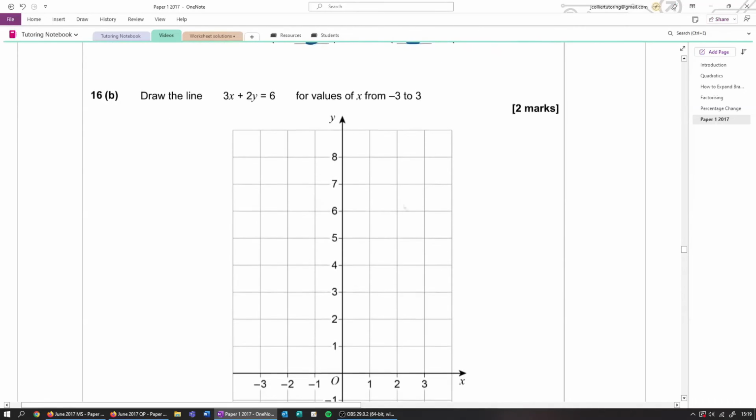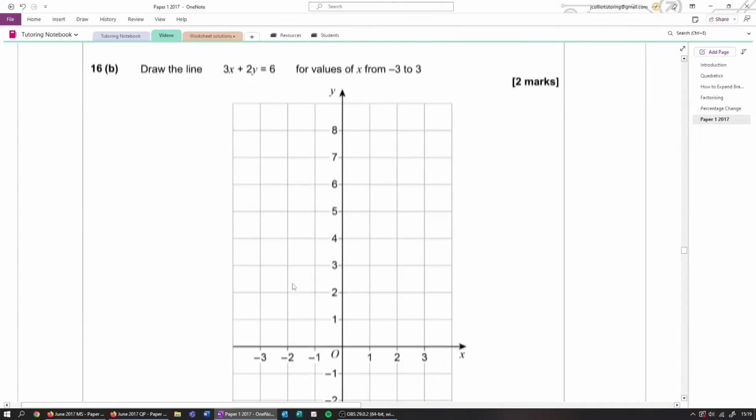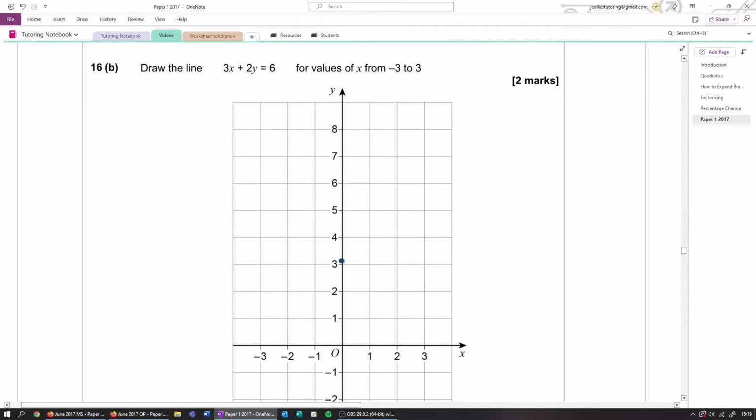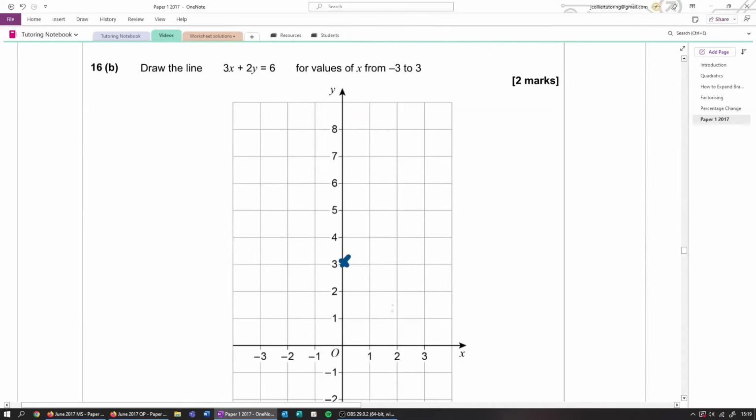Now they want us to draw this line on the values of x from -3 to 3. So we could sub in the x for each one of these and get the number. However, we know this is a straight line graph, so we can just plot 2 points and then connect it and extend that line. So let's plot 0, 3 and let's plot 2, 0.